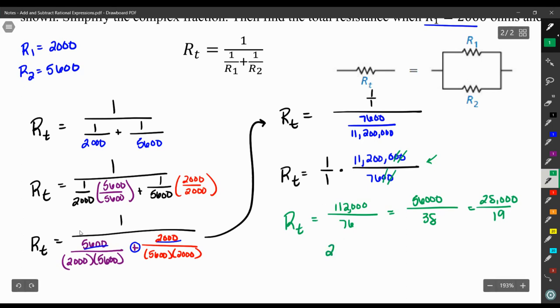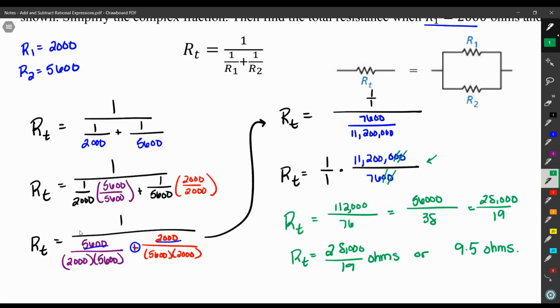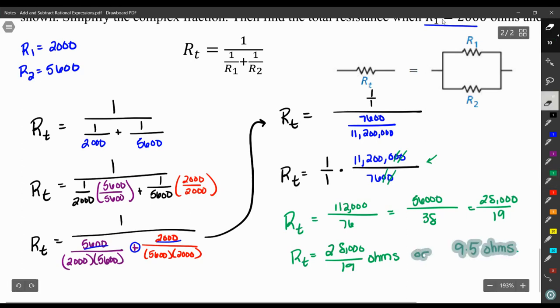So we can either leave it as the resistance total is 28,000 over 19 ohms, or you can write it as a decimal, which is 1,473.68, that's rounded, ohms.